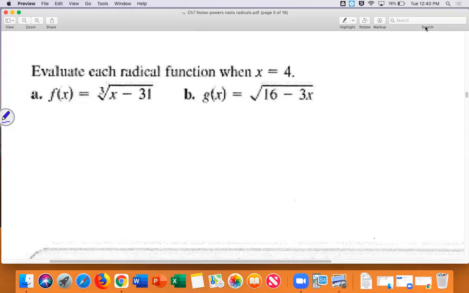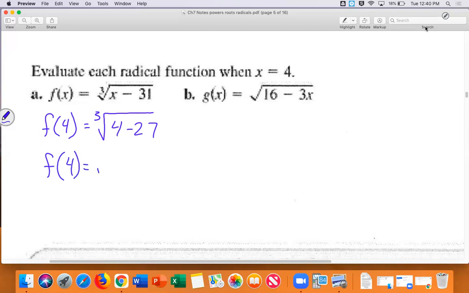So f of x equals the cube root of x minus 31 for a. So f of 4, I'm just going to replace x with a 4. Jay, what is 4 minus 27? Yeah, you gave me the negative 23.